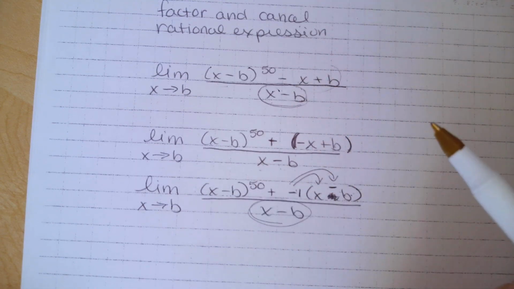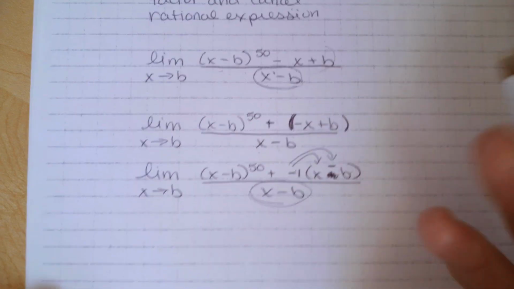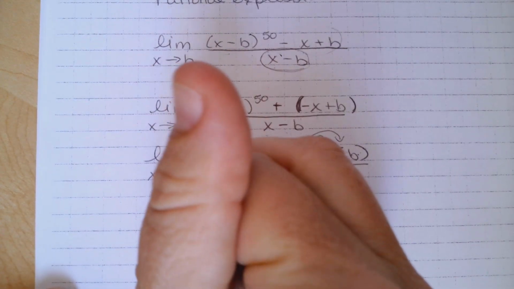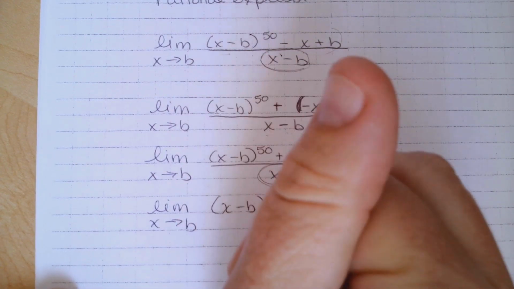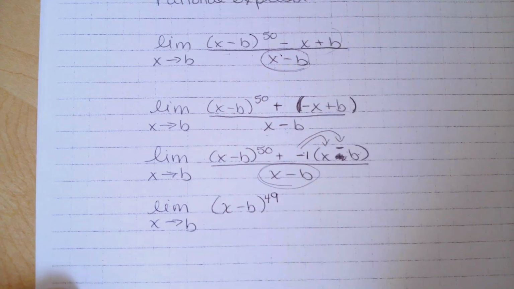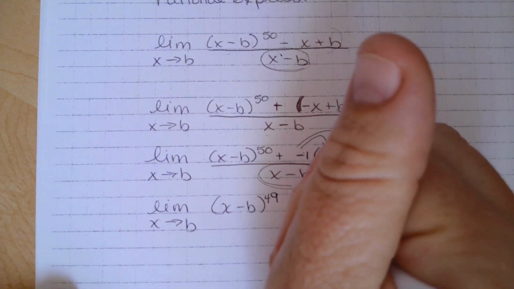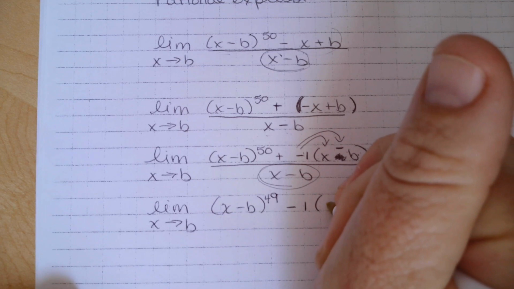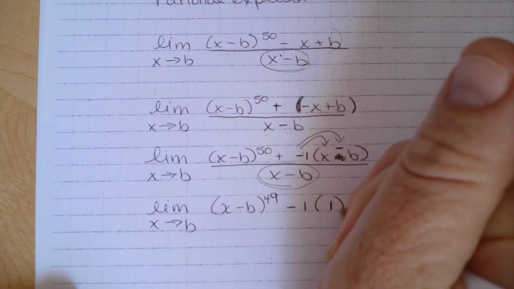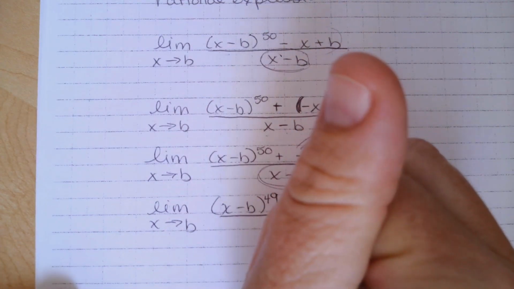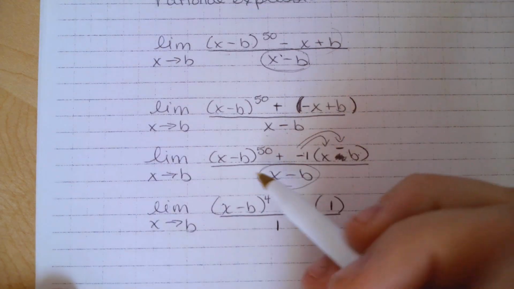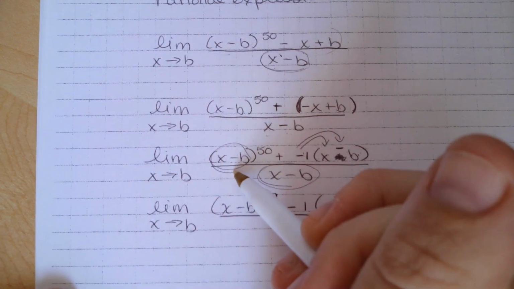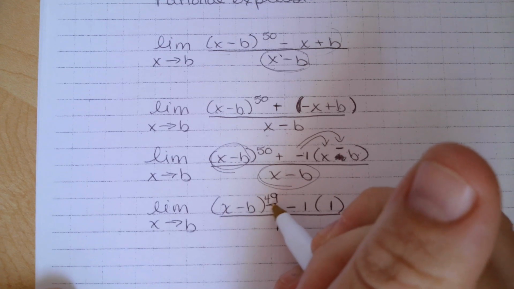And so now we can factor out an x minus b. So this becomes the limit of x approaching b of x minus b to the 49th minus 1 times x minus b. This is actually going to become a 1. Right? So again, we factored out an x minus b here, so this became a 49.